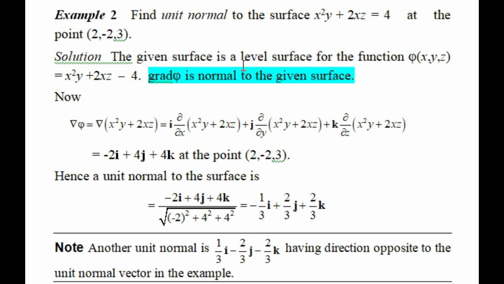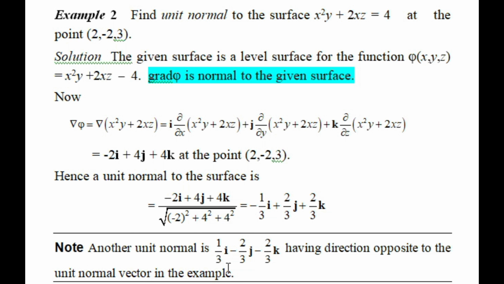Next, we have to find the unit normal to the surface x square y plus 2xz is equal to 4 at the point (2, negative 2, 3). See, here we are asked to find the unit normal to the surface x square y plus 2xz is equal to 4 at the point (2, negative 2, 3).